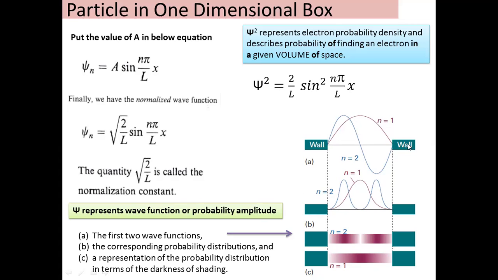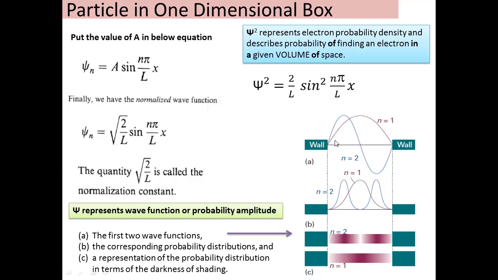So again this is the limit of the box, wall 1, and this is wall 2, starting from x0 to xL. So let's suppose this is the energy level 1. Here just two wave functions are given.